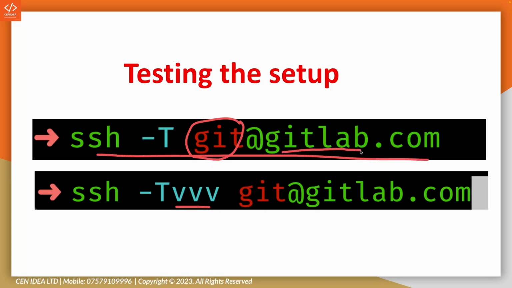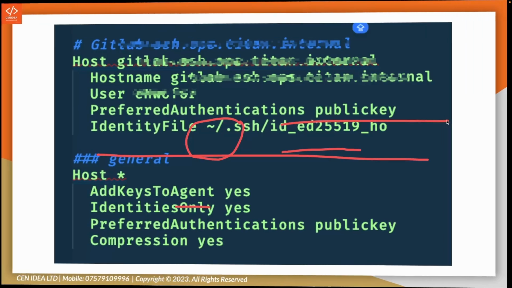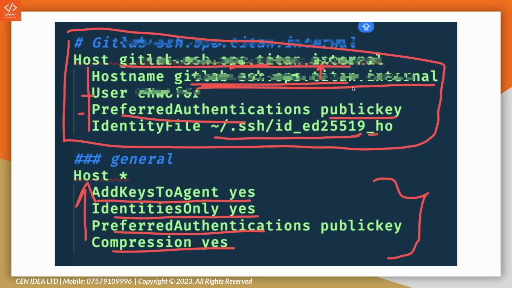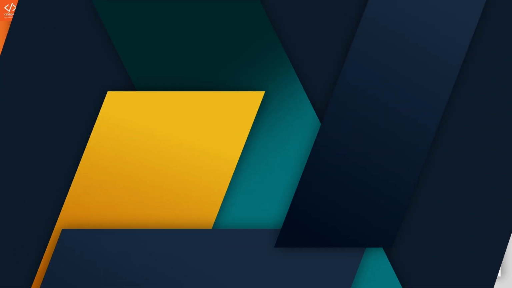In this case, I was trying to connect to gitlab.com, but this will be the address of this server. So if you go back and see this address here, this address is where you want to be connecting to. Simple as that. And that's it, really. That's about SSH for the time being. So let's dive in and just see this in action.